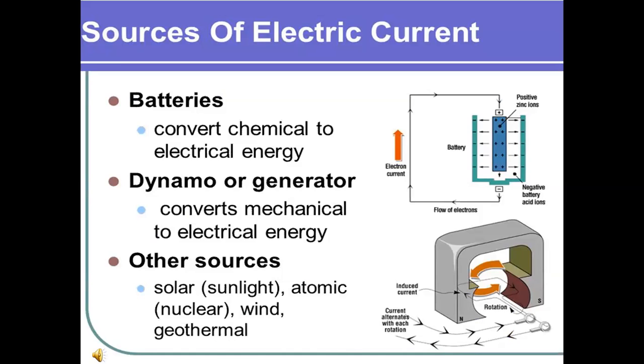Next, dynamo or generator converts mechanical energy to electrical energy. And other sources are solar energy, that means sunlight, atomic energy, which is nuclear energy, wind energy and thermal energy. These are the sources of electric current.